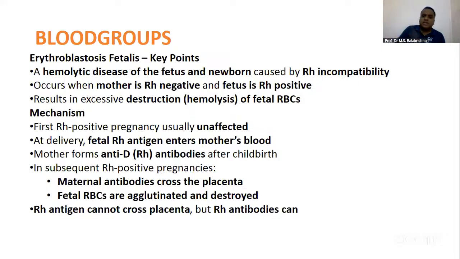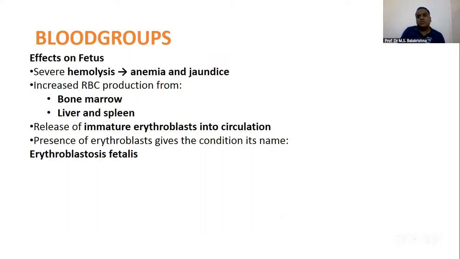So this erythroblastosis fetalis, I have just told you. When an MCQ comes, we'll discuss this. When erythroblastosis fetalis occurs, there is a breakdown of erythroblasts, that is RBCs. It leads to severe anemia and jaundice. This occurs because of problems in RBC production in the bone marrow, and the liver and spleen also.